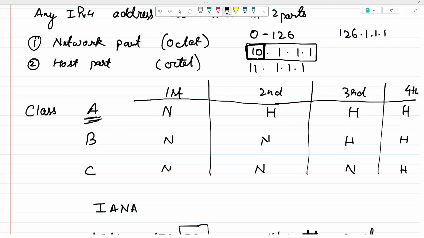The host octets in class A, which are the last three octets, will keep on changing.